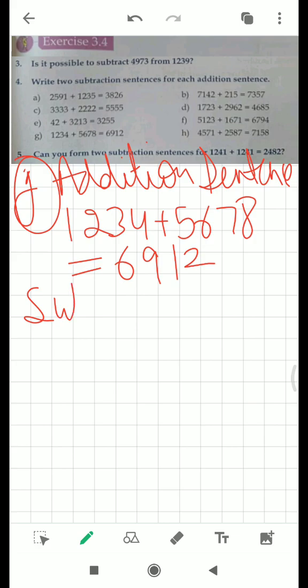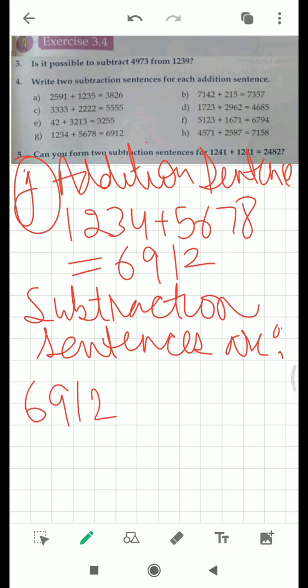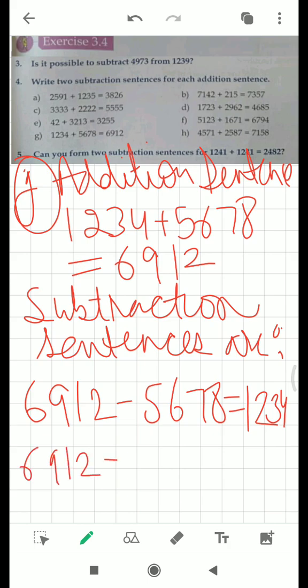So your subtraction sentences: 6912 minus 5678 comes out to be 1234, and 6912 minus 1234 comes out to be 5678. Now H part.